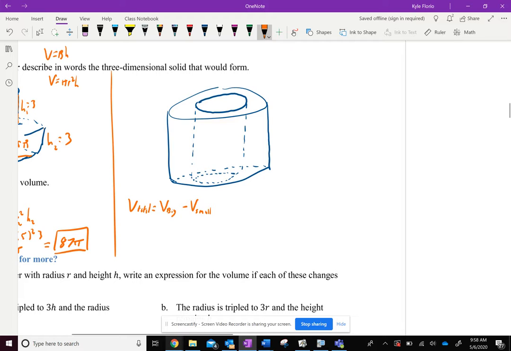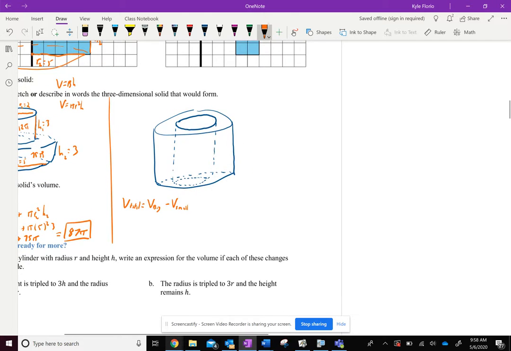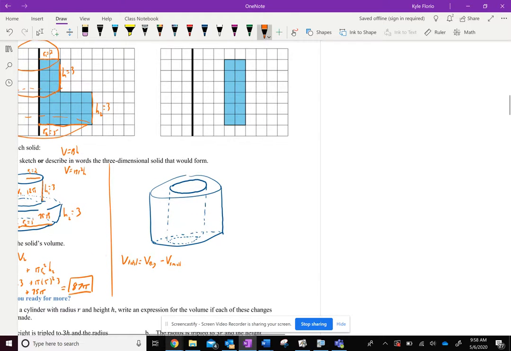So then we need to find the radius and the height of this. Coming back to the top, the height is 1, 2, 3, 4, 5, 6. So this is 6. Now the radius of the big one, when we wrap this around, is 1, 2, 3, 4, 5.